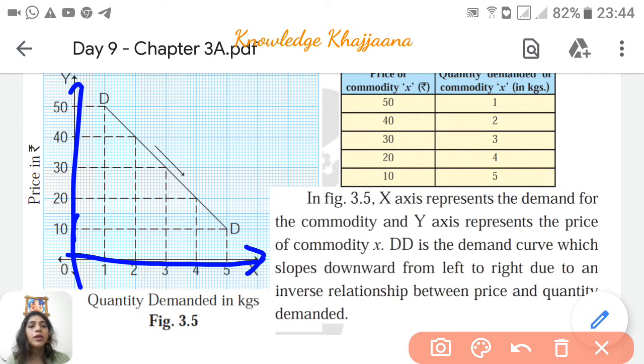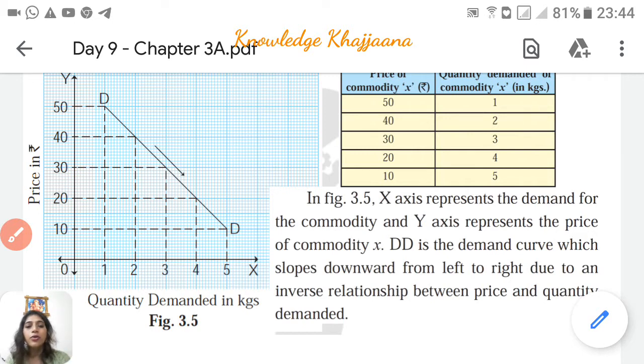See, the y-axis represents the price of a commodity x. Okay, each point on the curve, see, there are some points on the curve. Each point on the curve refers to a specific quantity that will be demanded at a given price. See, for example, this is the intersection of both the data, right?